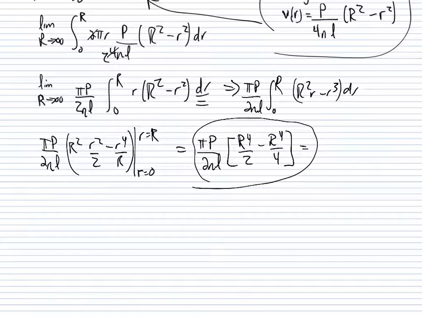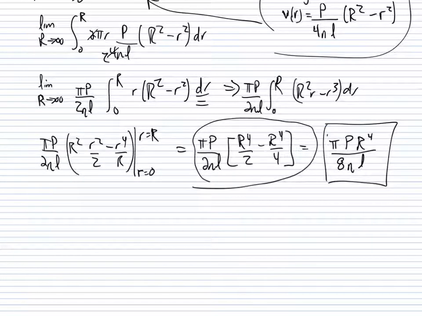This gives your final equation of pi times your pressure times your big radius to the power of 4 over 8 times your viscosity times your length. So this is your final equation, which gives you the flux, which is proportional to the 4th power of the radius of the blood vessel.